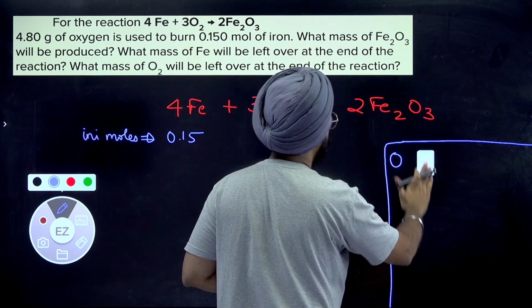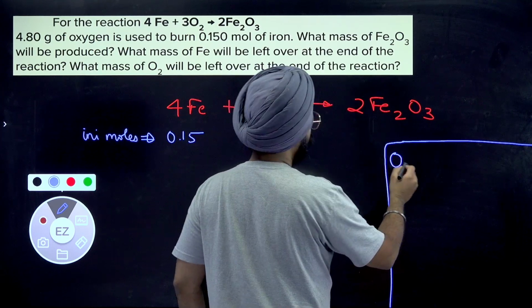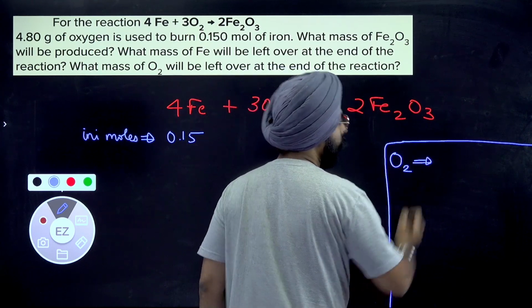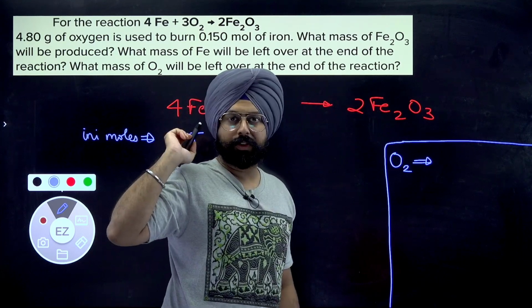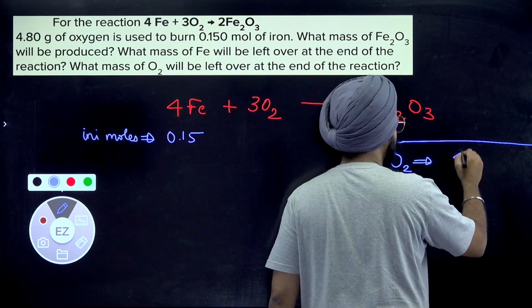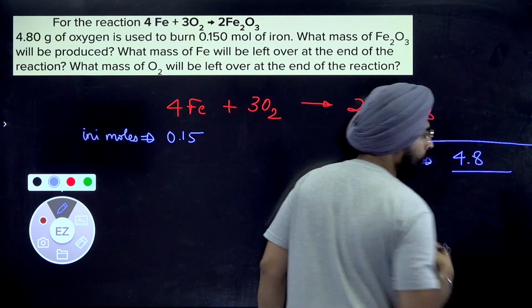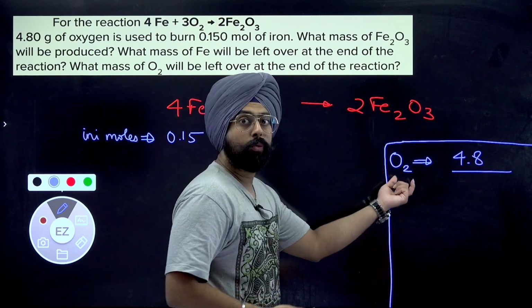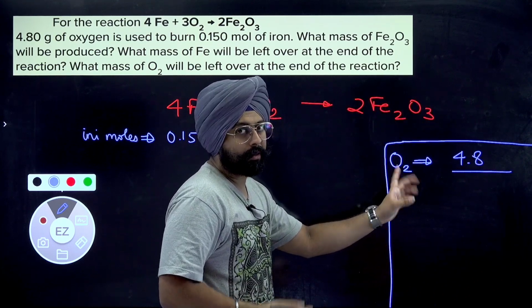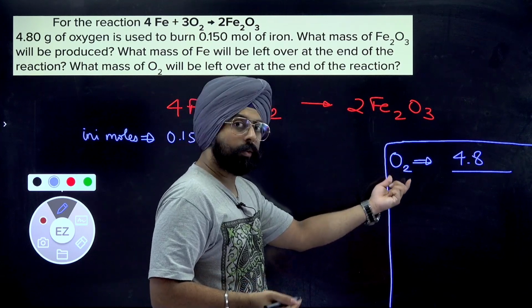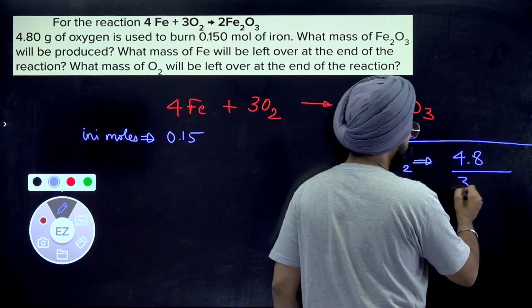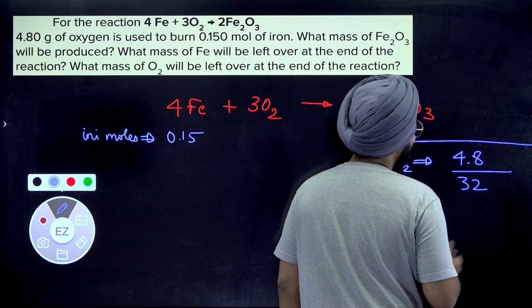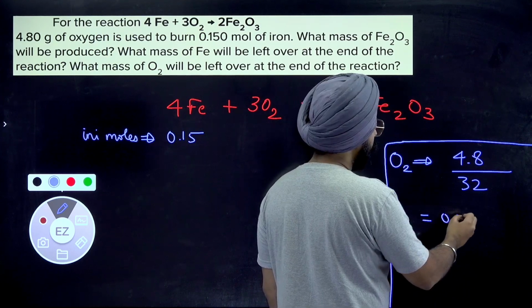How much oxygen is given? O2. Basically 4.8 gram of oxygen is given. So given weight divided by molar weight. Now what's the molar weight of O2? Not O. This is a mistake that some people might make. You have to take the weight of O2 over here. 32 grams per mole. This is how much? 0.15.